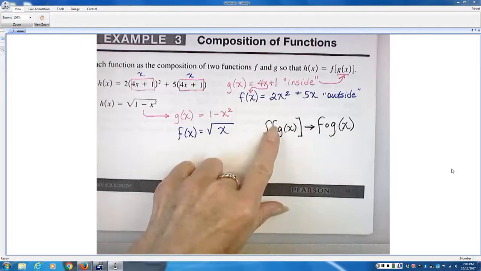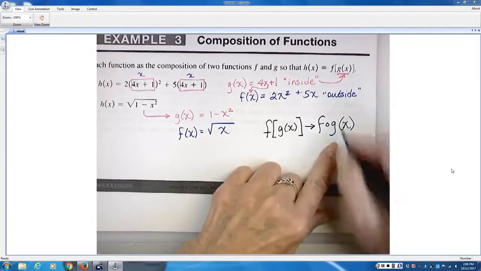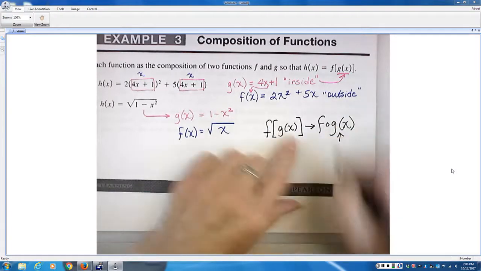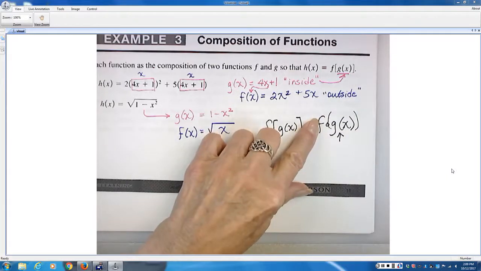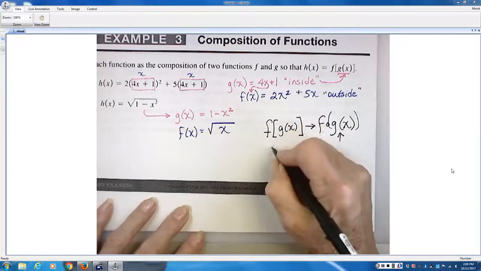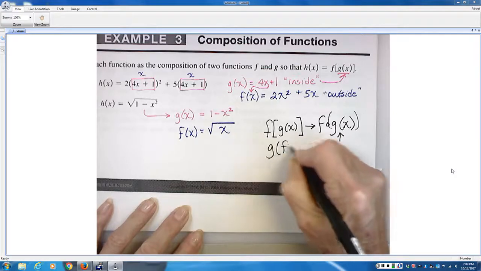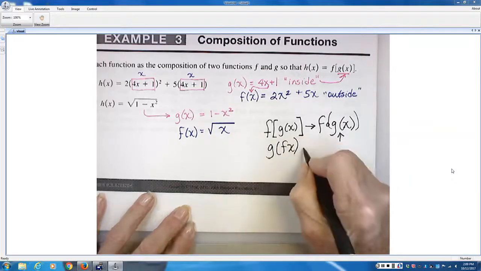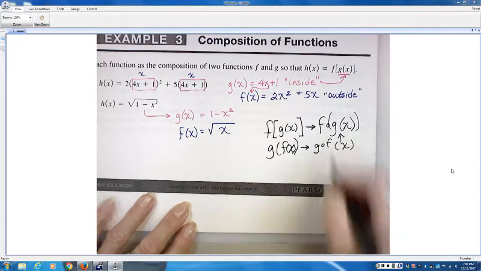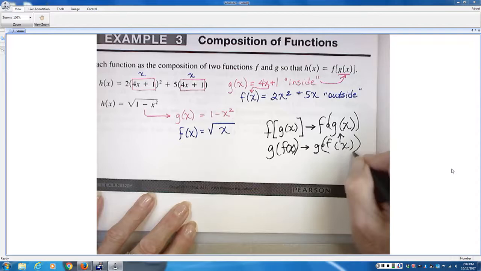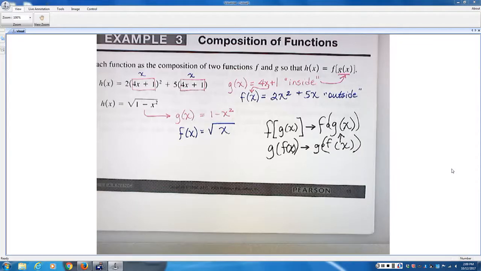But if you see that notation, know that this is the inside function and that's the outside function. So by the same token, if it's g of f of x, then they write that g-o-f of x, and you need to remember that the parentheses would go there. Okay? So don't let their strange notation throw you off.